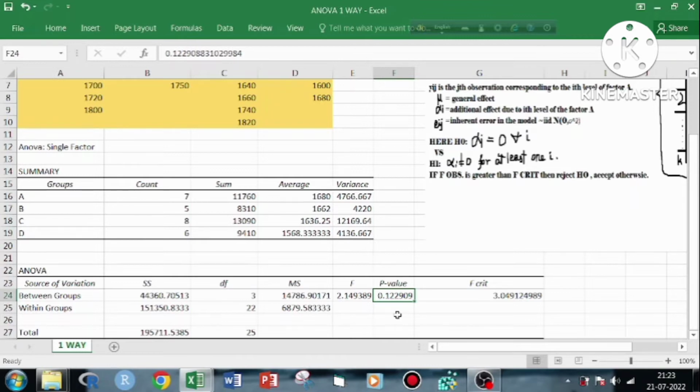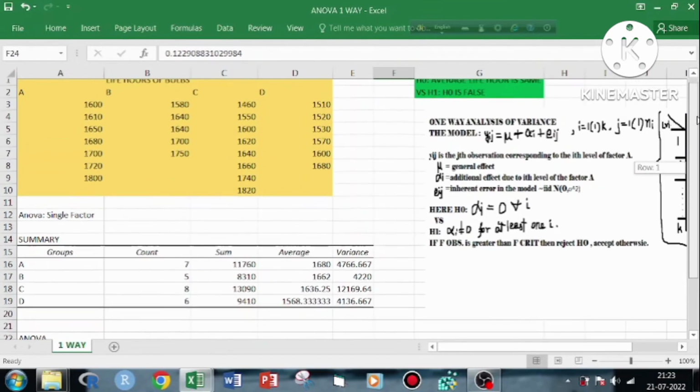Here the p-value is greater than the level of significance. So we fail to reject the null, and we have to accept the fact that yes, there is no effect due to the batching of the bulbs, and the average life hours of the bulbs is same.